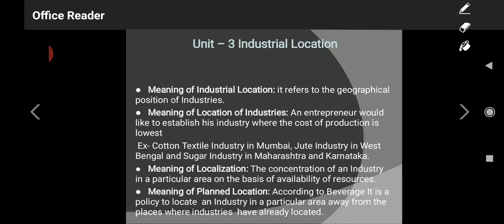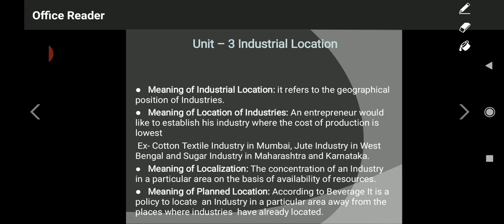Suppose you want to establish or start a jute industry, where to start in India? That is the question. In east, west, north, south, where are you going to start the jute industry to expect less cost of production, the least cost combination? The suitable location for a jute industry in India is West Bengal.